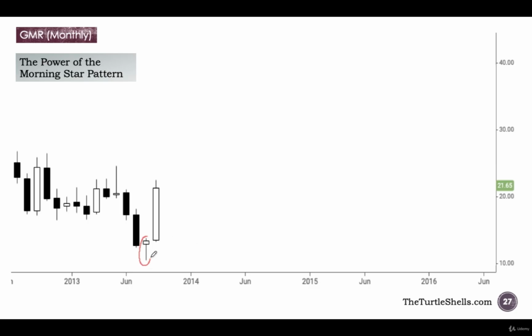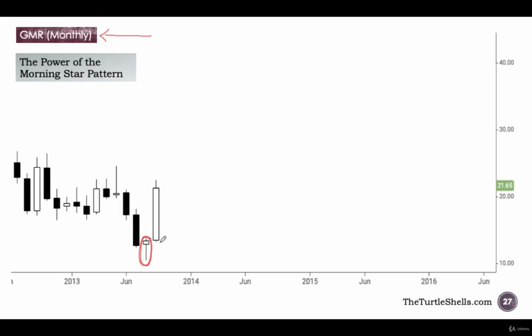And another thing to notice here is, what is this pattern? This is a hammer, and that too on a monthly chart. So pay attention here. Although it does not satisfy the condition for a perfect morning star, before we even have this candle, we got an initial signal from the market that the prices are likely to go up.